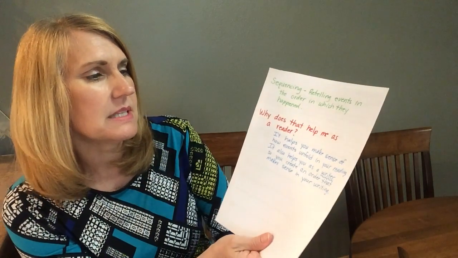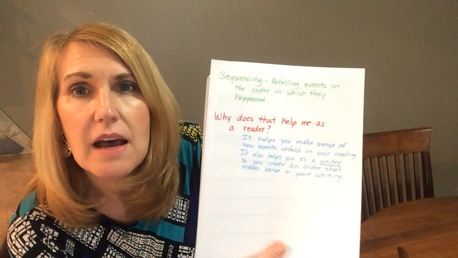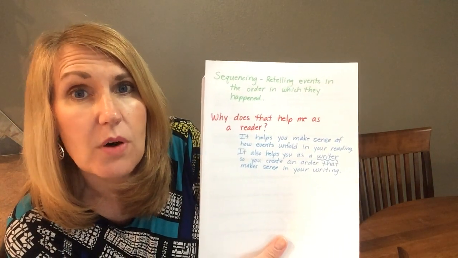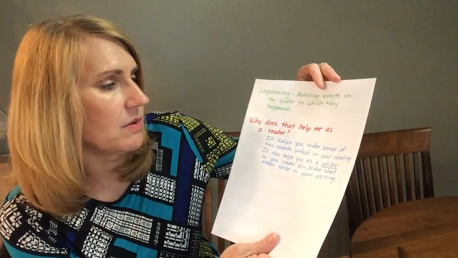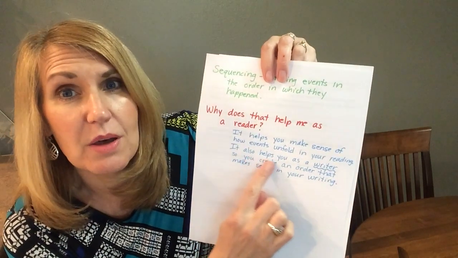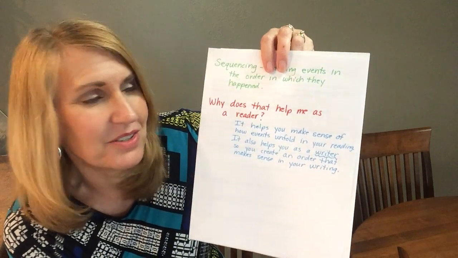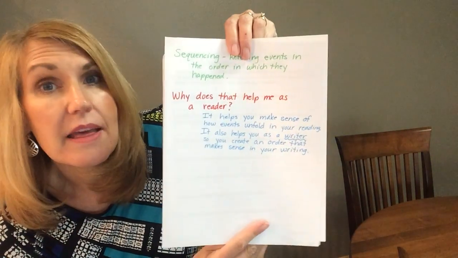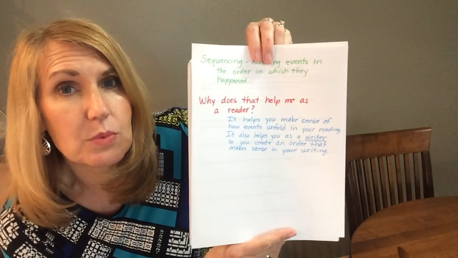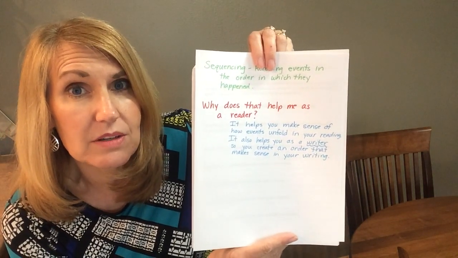And the answer is, it helps you make sense of how events unfold in your reading. So how the events play out. But it also helps you as a writer, because then you can create an order that makes sense in your writing, and it makes you a better writer.